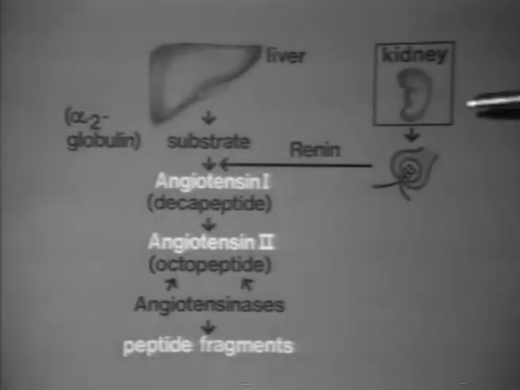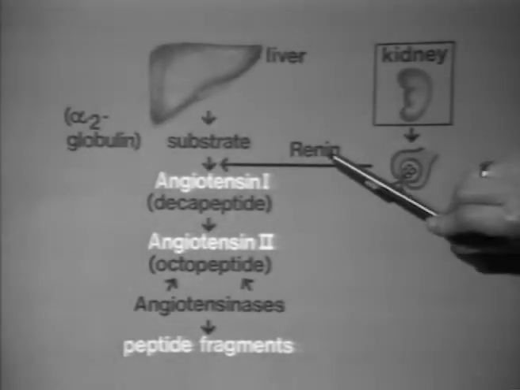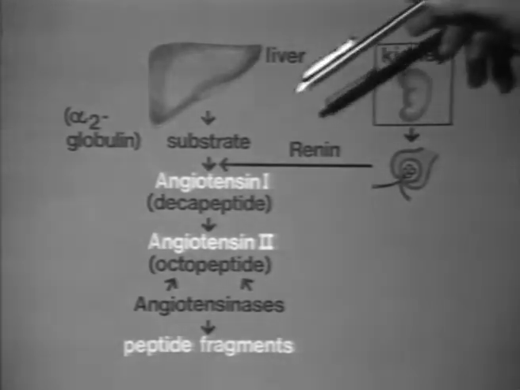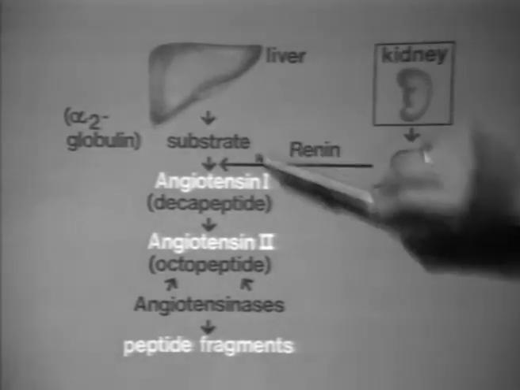It's the most powerful naturally occurring vasoconstrictor substance yet isolated. It's 10 times more active on a molecule-for-molecule basis than is noradrenaline. It's produced by the action of an enzyme renin, which is primarily renal in origin, which acts on an alpha-2 globulin substrate in the plasma.